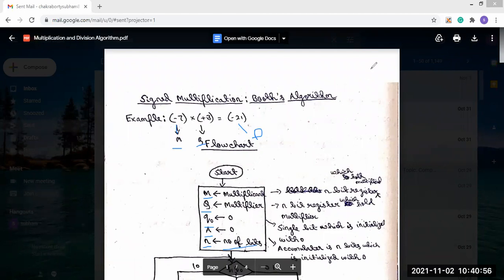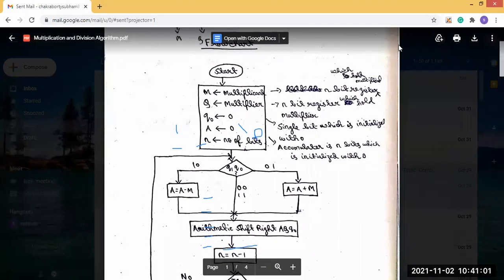After initialization, we check Q1 and Q0. If it is 1, 0, then we perform A equal to A minus M. That means the value stored in the accumulator has the multiplicand subtracted from it.